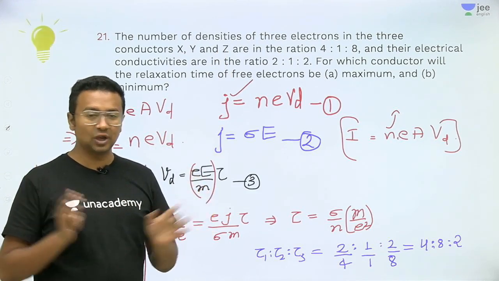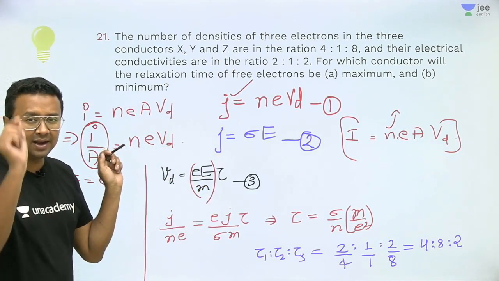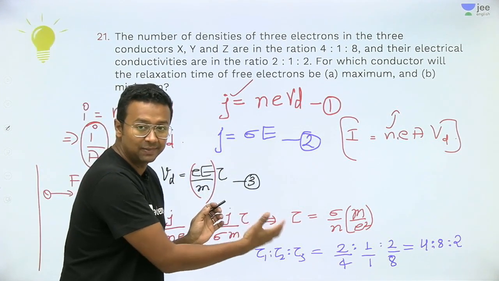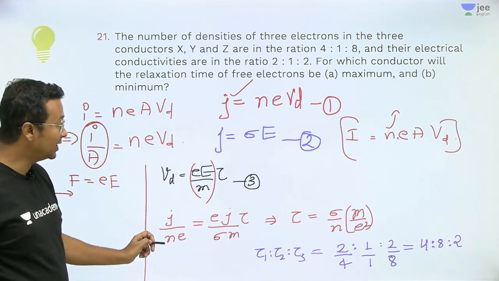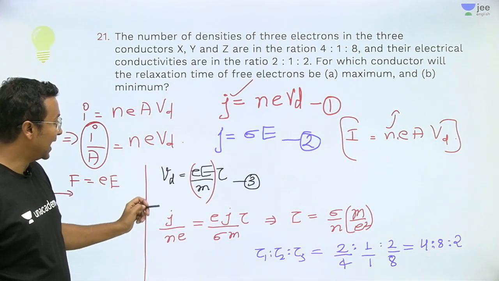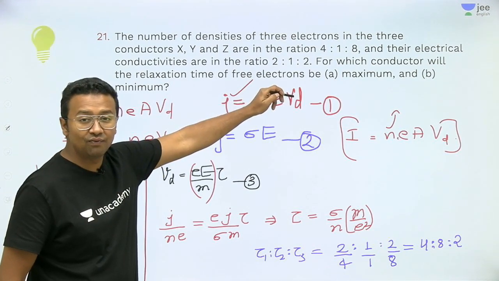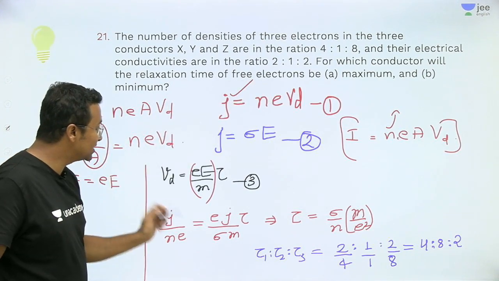Get it? Chalo, we will spend a little more time on this particular section. Got this particular point? Okay, that is, you have J by ne. J by ne is equal to Vd. Okay, now what is Vd?